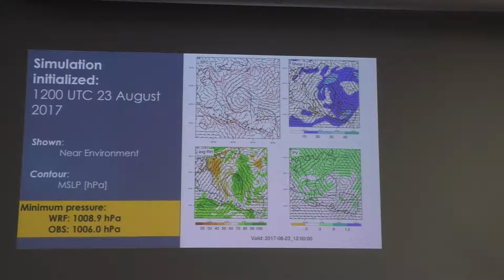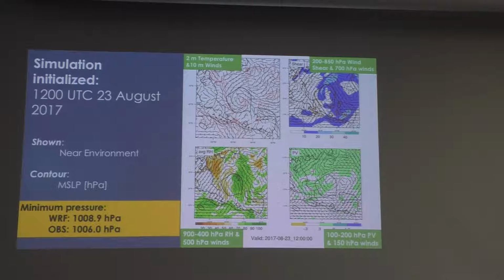Looking at the synoptic environment for my simulation, first, the top panel is 2-meter temperature and 10-meter winds. On all the fields, the black contour is the sea level pressure. Then we look at the vertical wind shear, average relative humidity, and the potential vorticity.